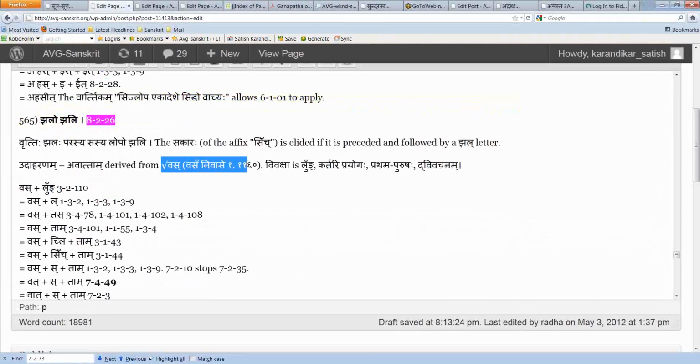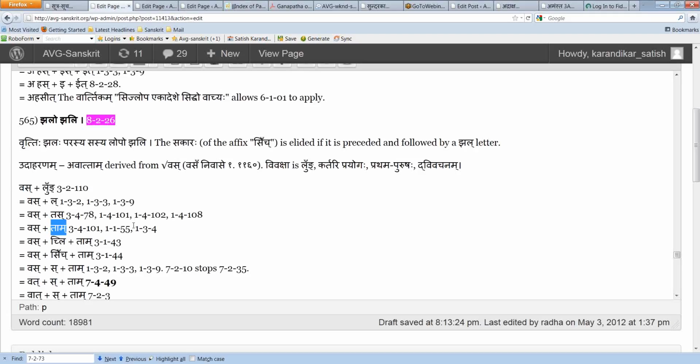Vasa Nivase. Let's look at the Prathama Purusha Dvivachanam. Okay, when we add the usual steps, add Vas plus Lung, Anubandha Lopaha La. We are looking at Prathama Purusha Dvivachanam. Put the pratyaya Tas, then Tas Tamipam Tam Tam Tamaha. Put the Tam in there in place of Tas.